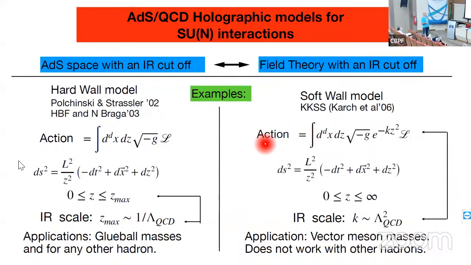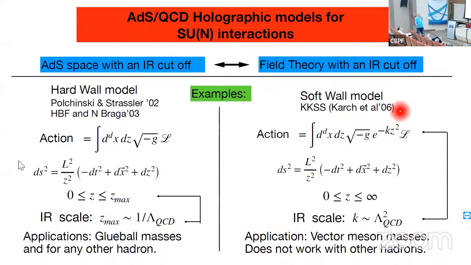This is the other very well-known model called the soft wall, by Karch, Katz, Son, and Stephanov. The difference between the soft wall and the hard wall is that instead of cutting the space at z maximum, the infrared scale is introduced by putting in a decreasing exponential of the z coordinate.